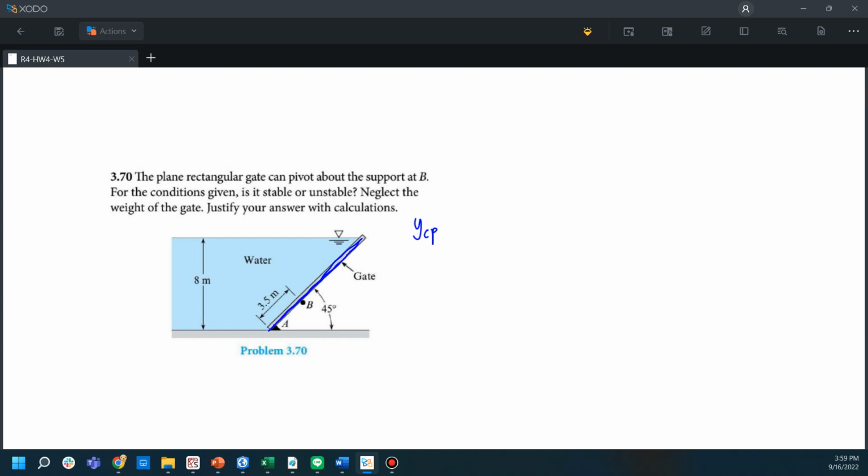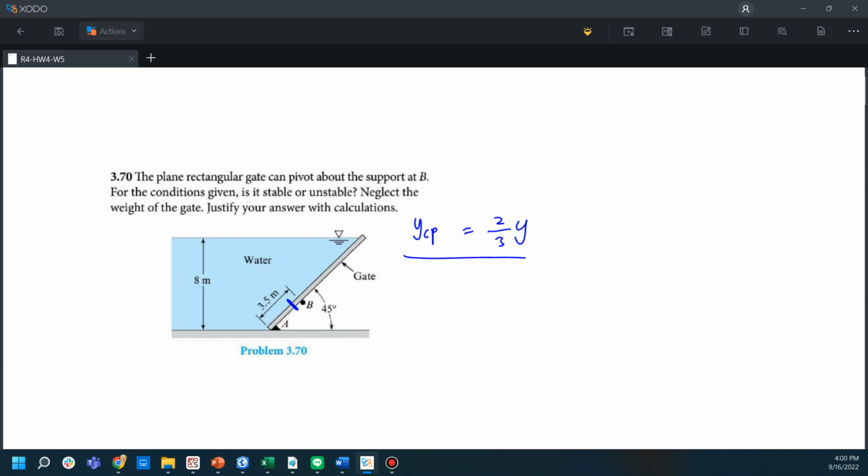It's not the depth, it's the location along the beam. If you remember, the YCP for an open surface water beam like this one is at 2/3 Y, so it's somewhere around here.